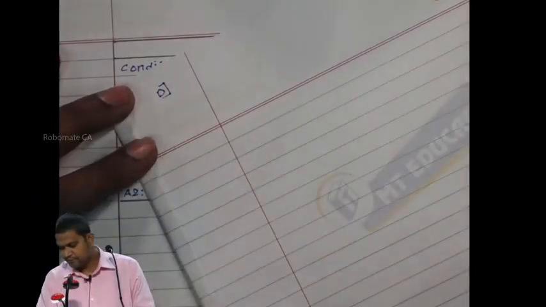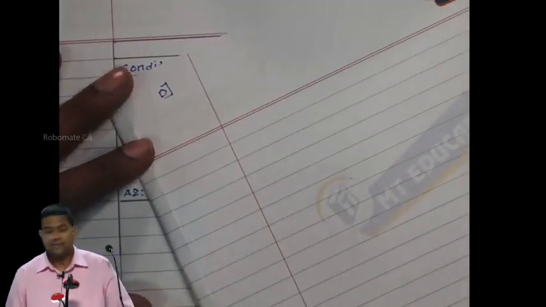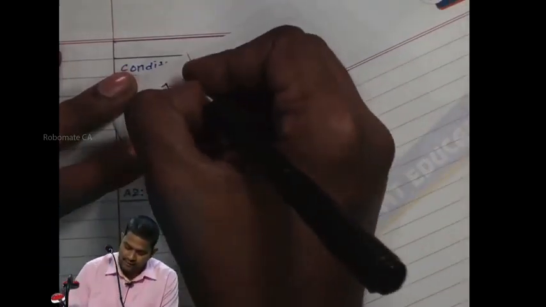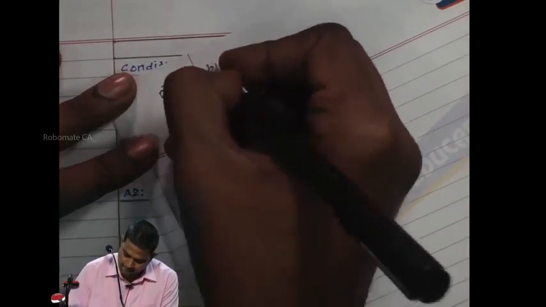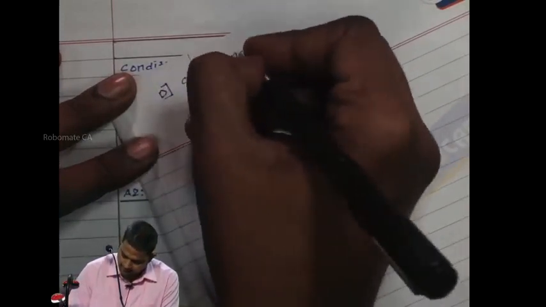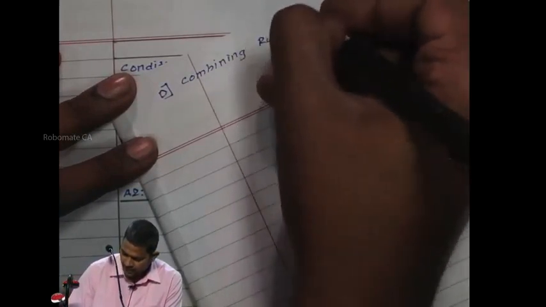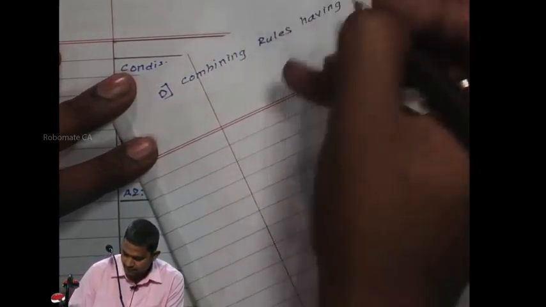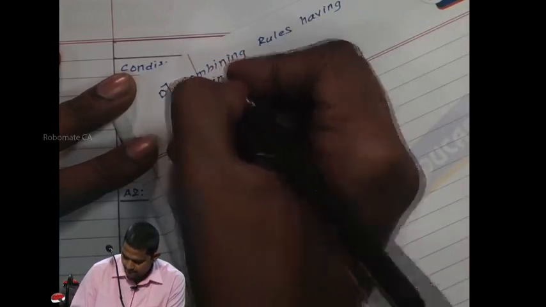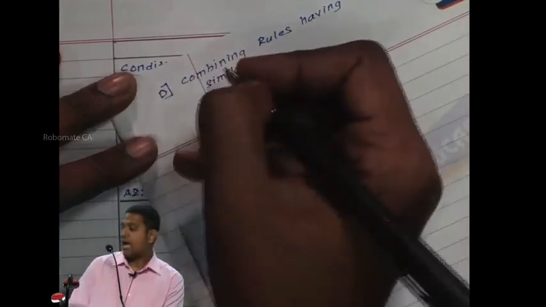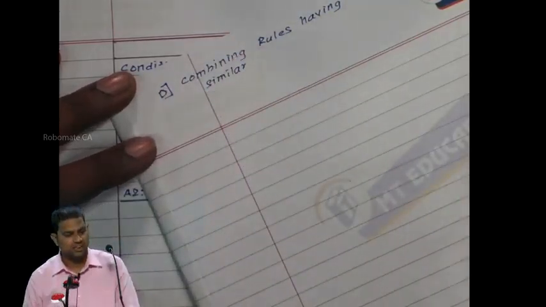Third page. And this is called as combining rules having similar actions.